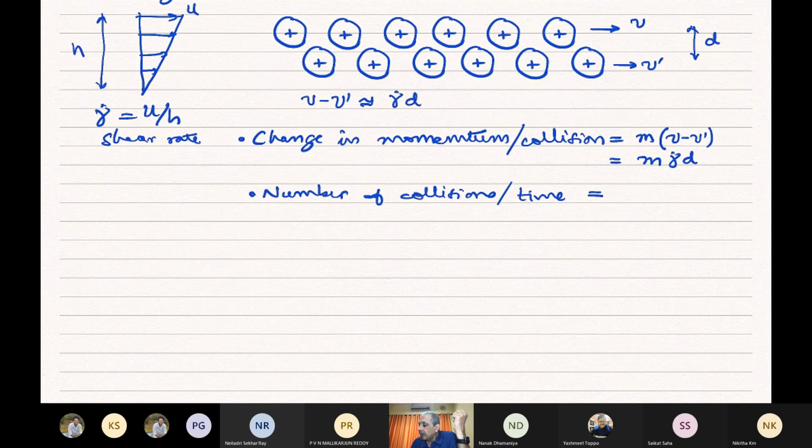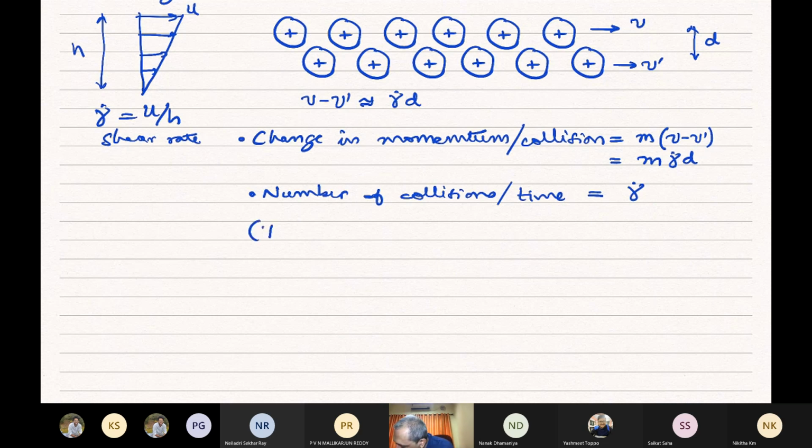So if you do d divided by gamma dot d, the time will come out to be 1 by gamma dot, and the number of collisions will be just 1 by the time, which is gamma dot.